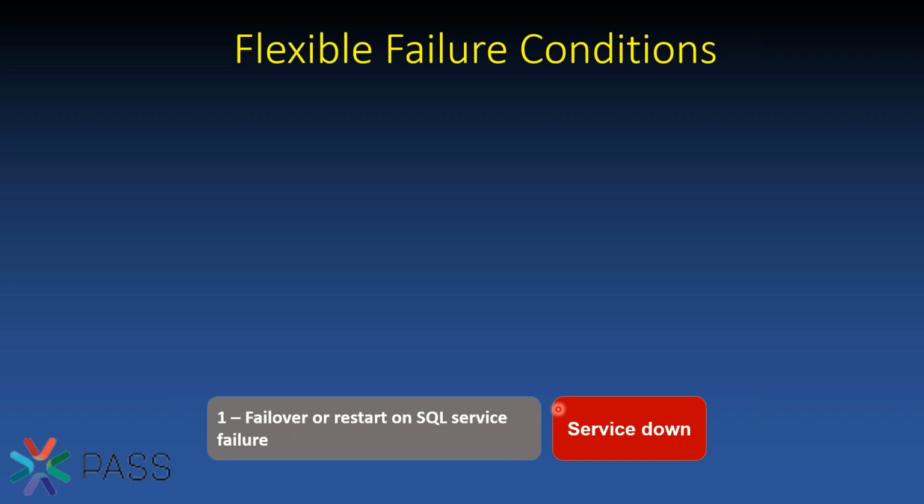We have what we call now the flexible failure conditions. The lowest failure condition, or the least restrictive, basically it does the least amount of checking, is level 1, which essentially is the same as in the old cluster stuff, looking to see if the service is just running.